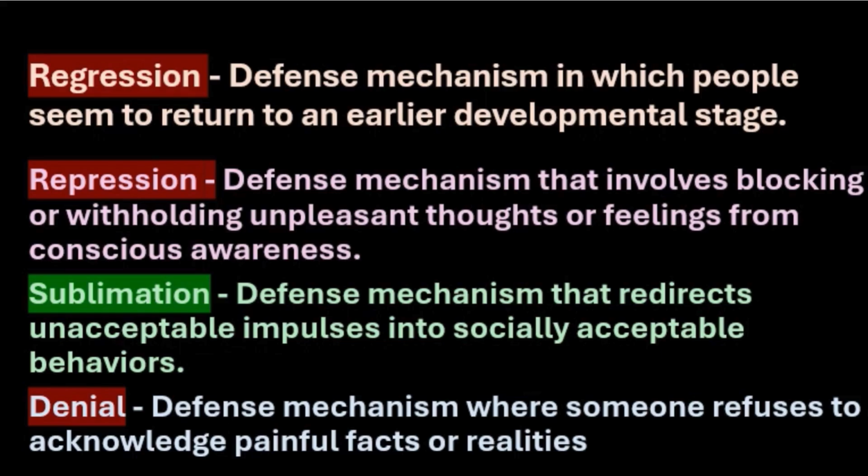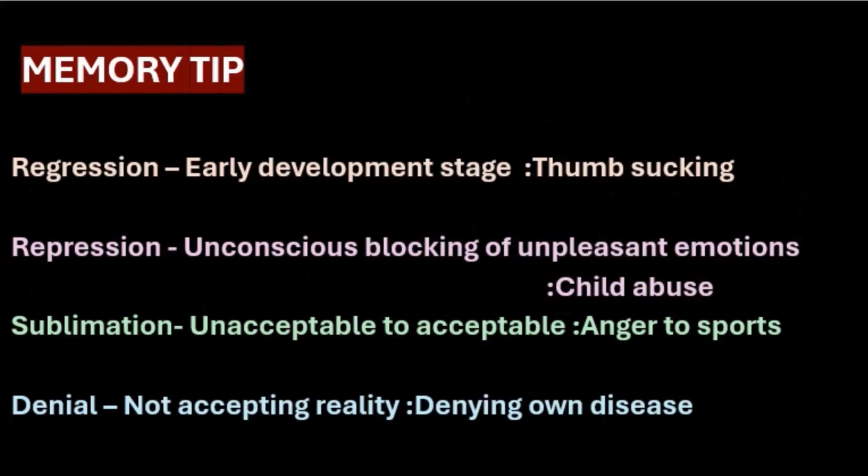So here, the memory tip is regression. Early development stage, example is thumb sucking. That is in the infant or toddler stages. So this is one of the examples. Then repression, unconscious blocking of unpleasant emotions. For example, child abuse. If someone has experienced child abuse in their childhood, that they don't want to remember, they will repress it.